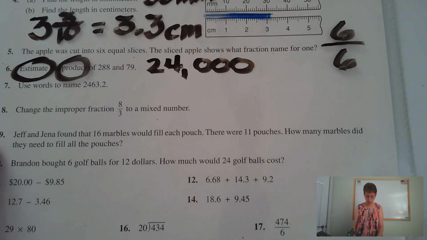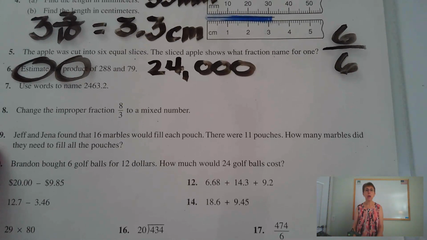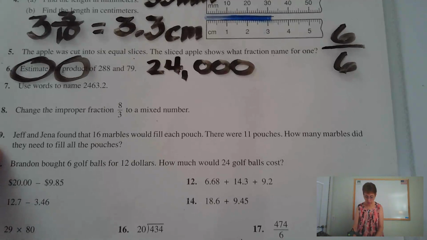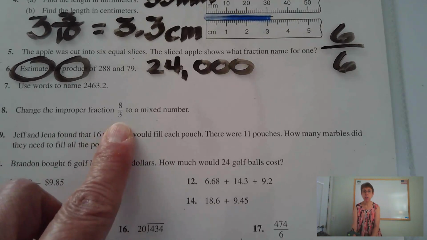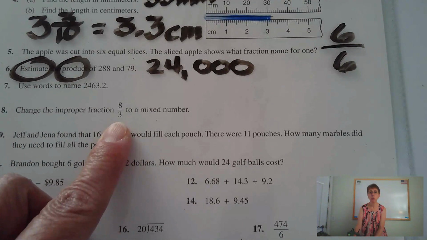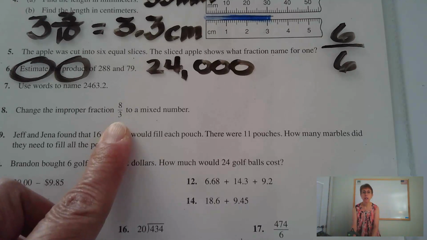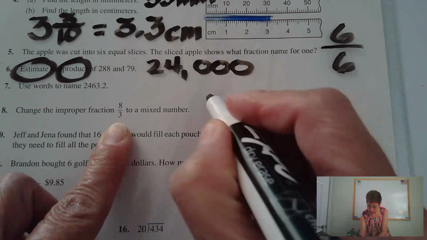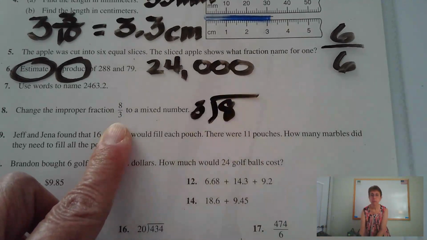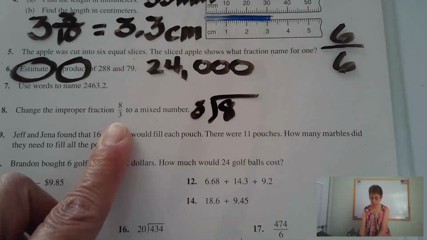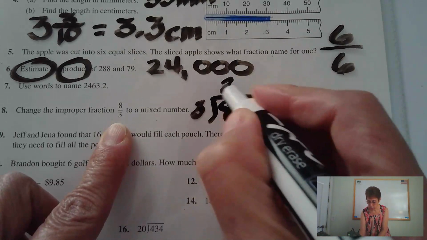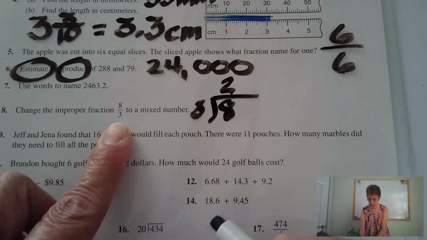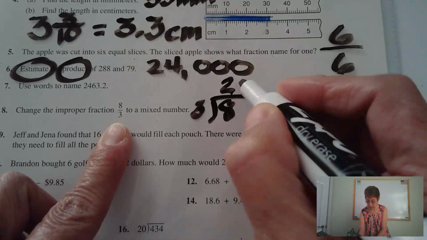Number 8. Change the improper fraction 8/3 to a mixed number. Well, when you have an improper fraction and you want to change that to a mixed number, what you do is divide. That's your division problem. So you're thinking 8 divided by 3. 3 times 2 equals 6. 8 minus 6 is 2.